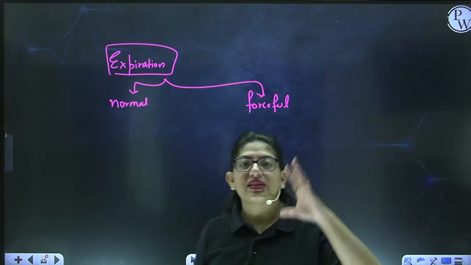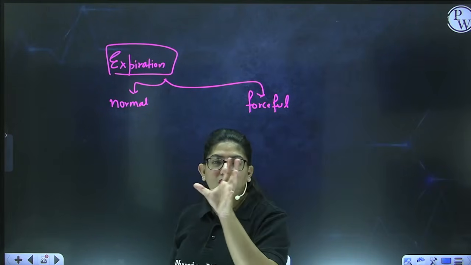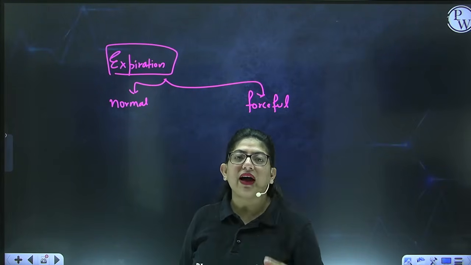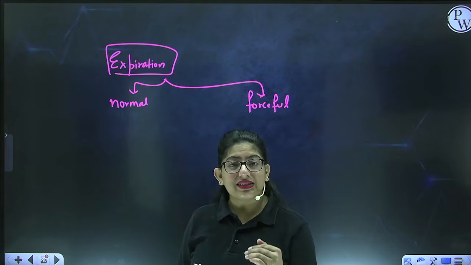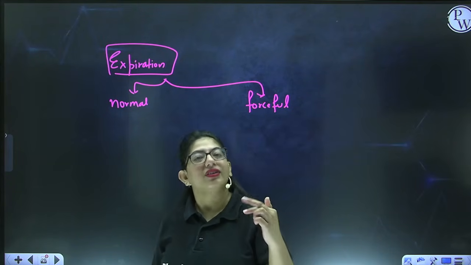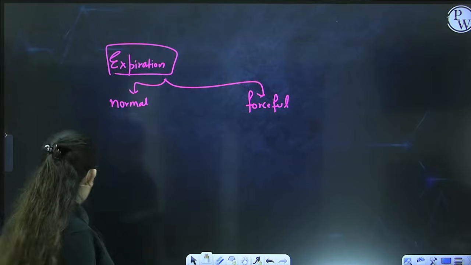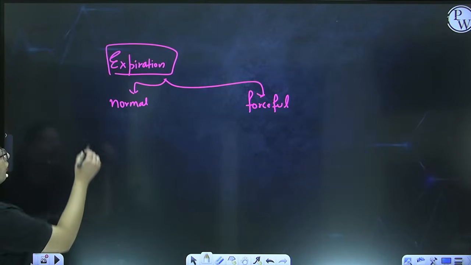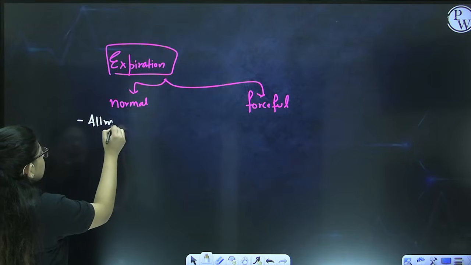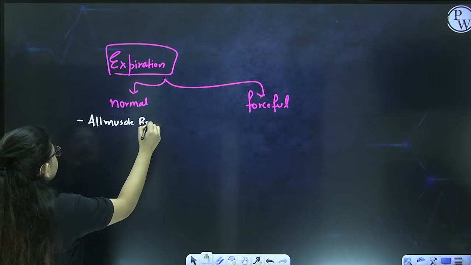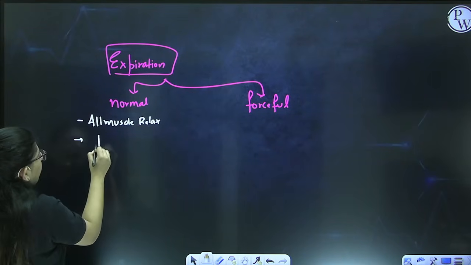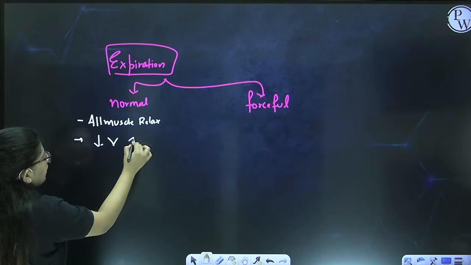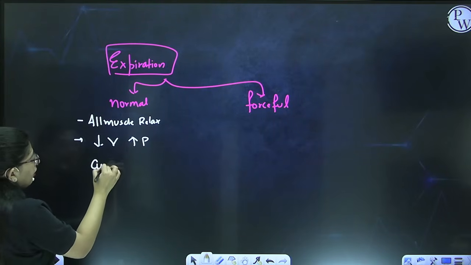And when they relax, the volume of the chamber or rib cage will move back to its original position. As a result, the volume decreases and pressure increases, right? During normal expiration, all muscles relax. As a result, there will be a decrease in volume, an increase in pressure. Air moves out.